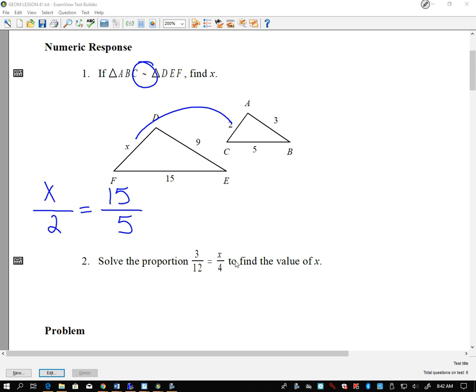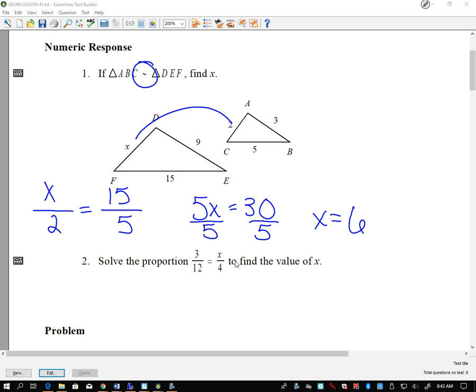Now we want to solve that. So what is X times 5? 5X. Good. What do I get on the other side then? 2 times 15 is 30. Now I want to solve for X. Divide by 5 on both sides. X equals what? X equals 6. Good.